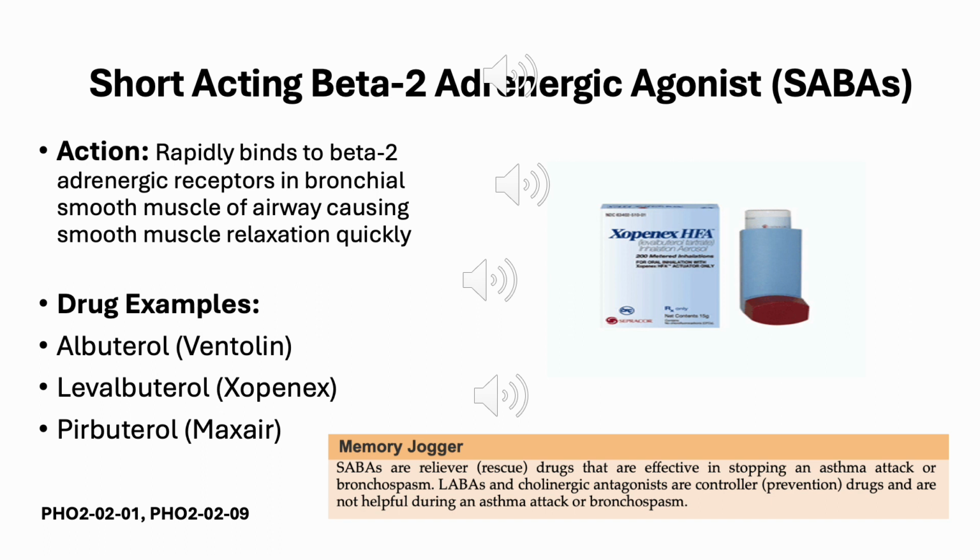SABAs are bronchial dilators, and they do relax the bronchial smooth muscle. If shortness of breath is not relieved by a multi-dose inhaler, call the healthcare provider. Prevention or relief of a bronchial spasm.